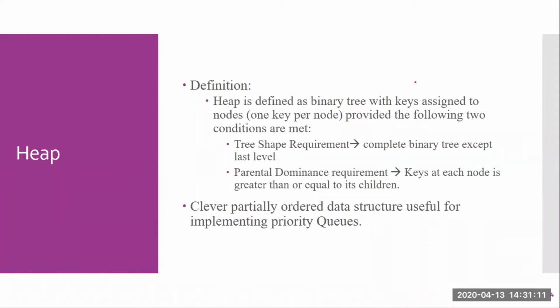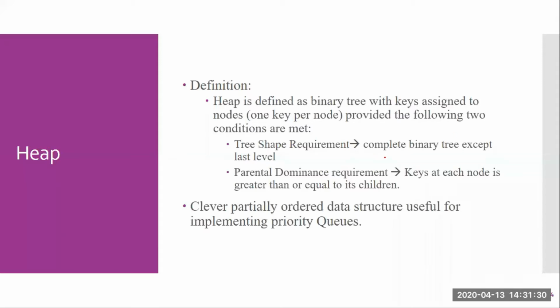First is the tree shape requirement, and the second is the parental dominance requirement. So a heap is a binary tree which has values, and these values should satisfy two requirements.